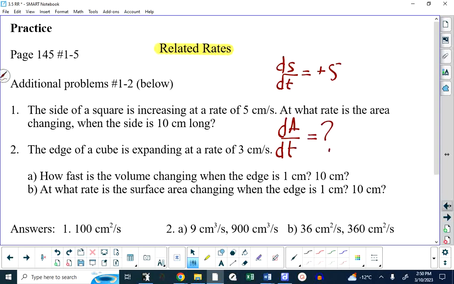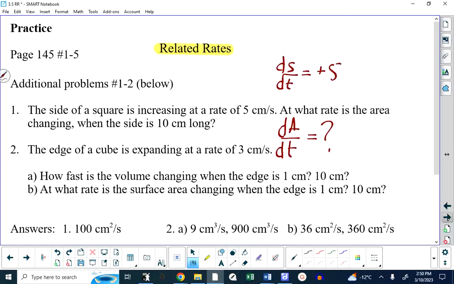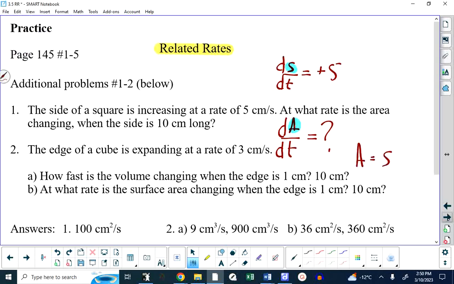Your first step says find an equation that contains the variables in those rates of change. What's the equation relating the area of a square to the side length? A equals s squared. That would be your first step.